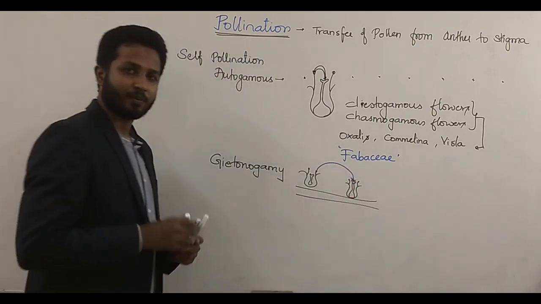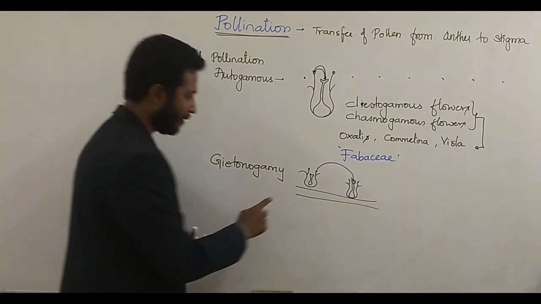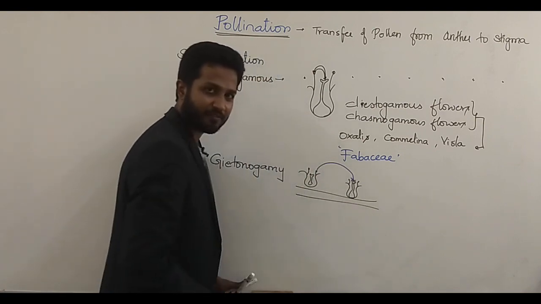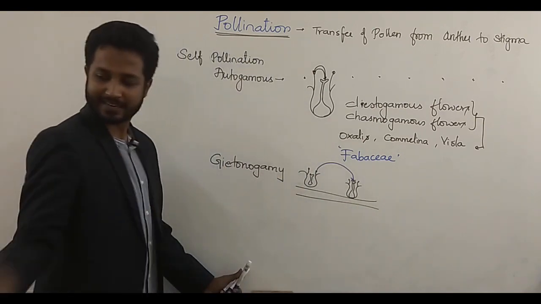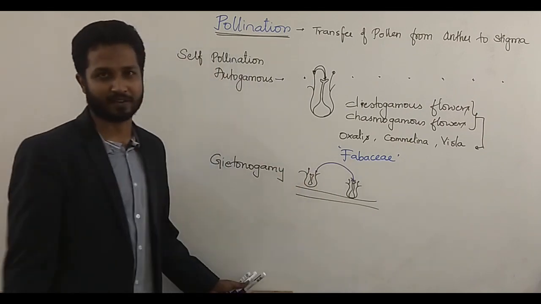What is Nitonogamy? A condition where pollen of one flower falls onto the stigma of another flower but of the same plant. It is a neighboring flower on which the pollen grain is falling.